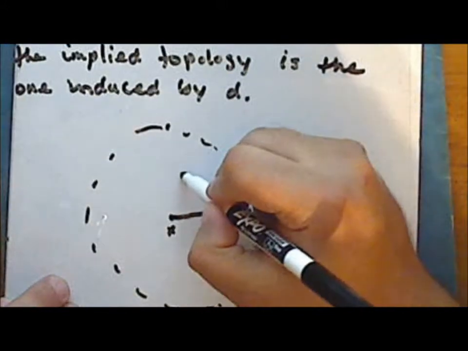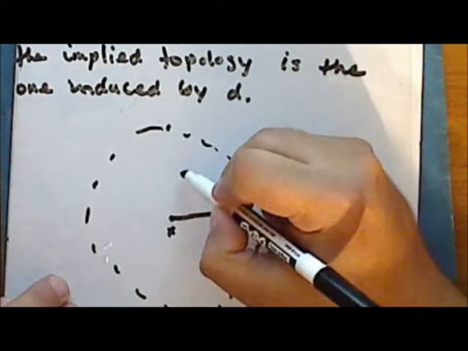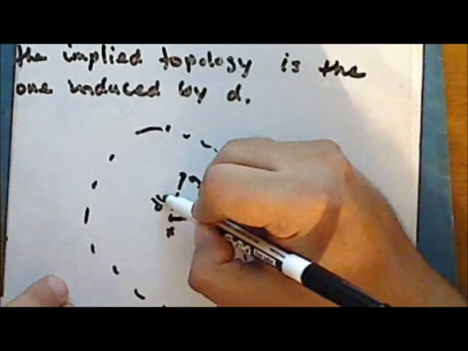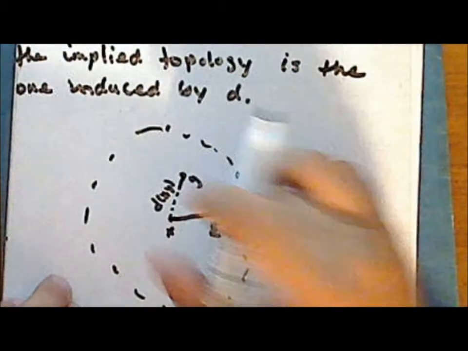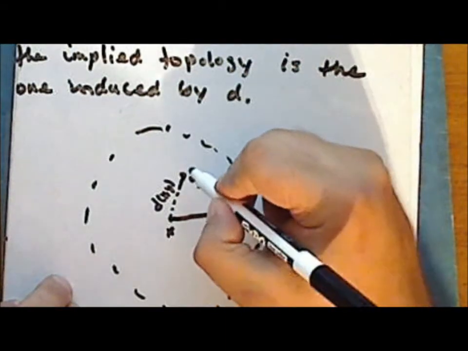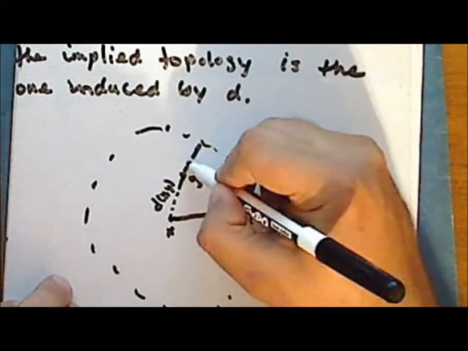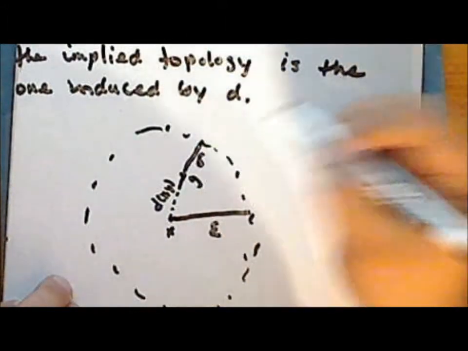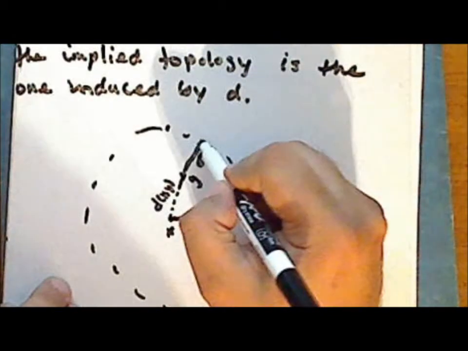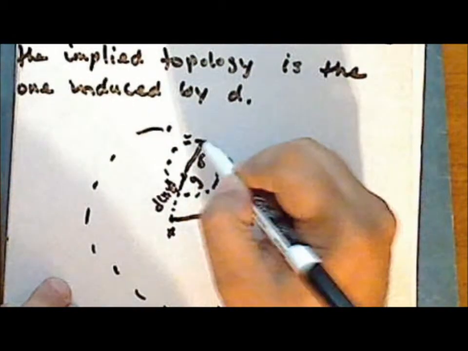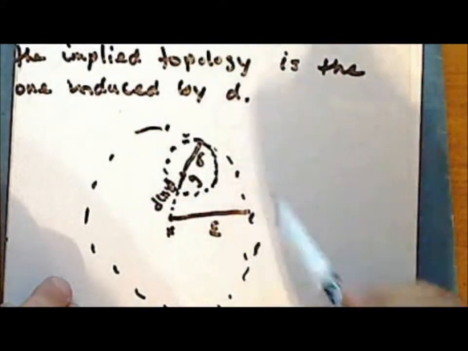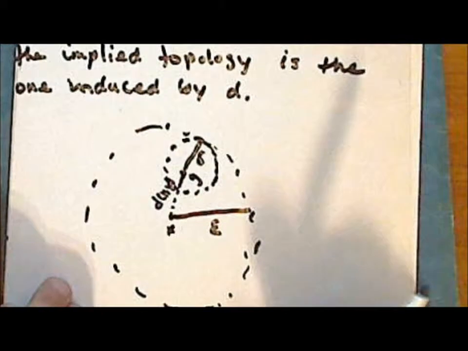Then for any point Y, the distance from X to Y is the number d sub xy in the metric D. And so if we take the radius delta being the difference of epsilon and the distance from X to Y, we have an open ball centered at Y with radius delta that is contained in the open ball centered at X with radius epsilon. All right?